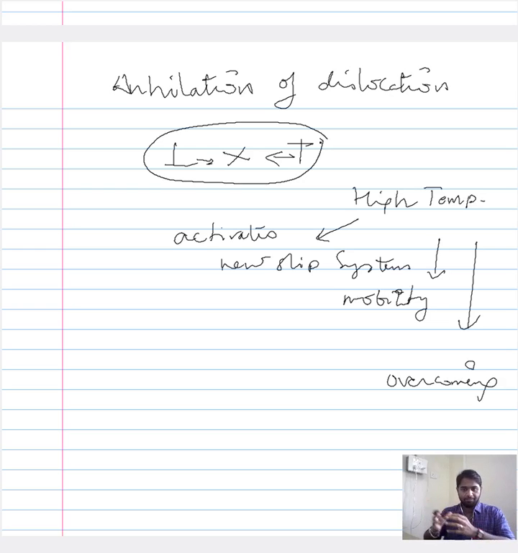Because of the high temperature and the ability of the dislocation to propagate in different slip systems with increased mobility, the positive and negative interactions that ultimately lead to the annihilation of dislocations proportionately increase, and therefore with increase in temperature you are able to reduce the dislocation density.